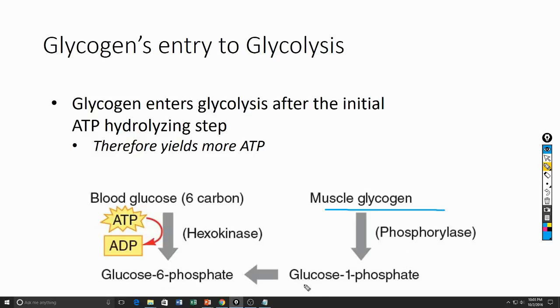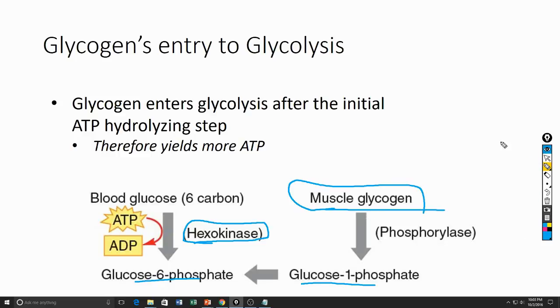And that's simply changing around this molecule a little bit. Because we start with glucose, and glucose has to be converted, catalyzed by hexokinase, to glucose 6-phosphate. Instead, we go from muscle glycogen, and a phosphorylase enzyme will get us to glucose 1-phosphate.